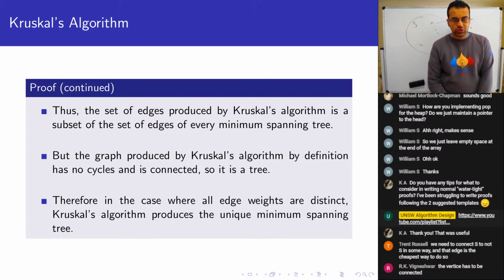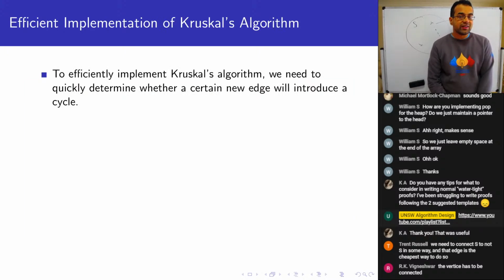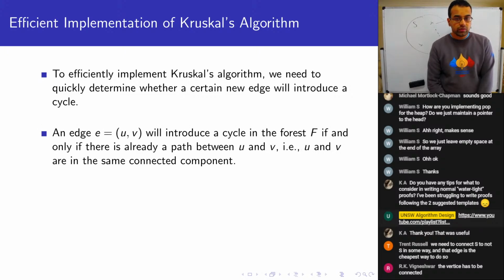Visually it's quite easy to do, but how does it actually work in practice? How would we write an algorithm to do this? That's a little more complicated. And for this, we're going to need a new data structure. So, as we said, we need to be able to quickly determine, given a new edge, would it introduce a cycle or not?